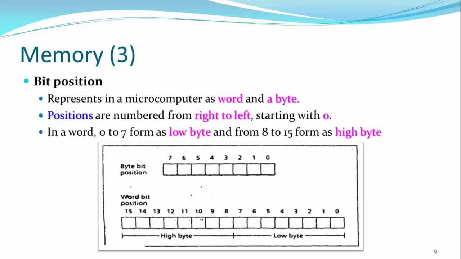So if it is 32-bit, then the first 16 bits you will consider the low byte, and the next 16 bits you will consider the high byte, right? Or there will be some other architecture. As I said, it depends on the architecture of the microprocessor, how you design your microprocessor and the logical aspect of your system.